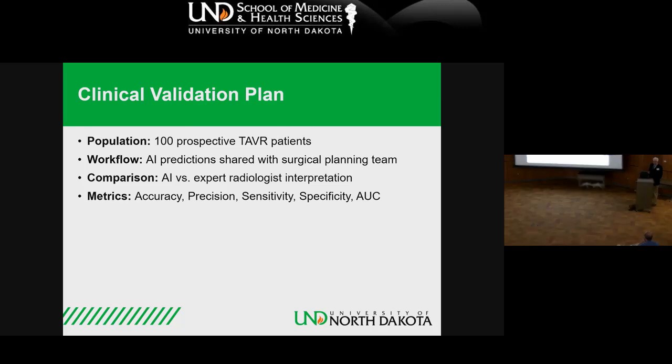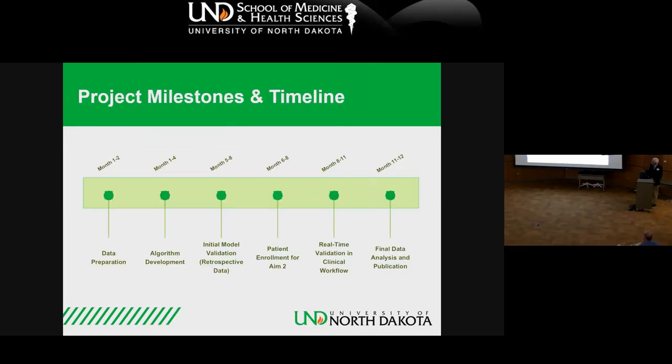We're going to then validate this in 100 prospective patients. That's not a lot, but it's a proof of concept. It's not a hypothesis-defining thing, but it's, I think, a proof of concept. And this is our timeline. If we can, in the first 6 months, create our model, the second six months, get our patients enrolled, we should be in good shape.